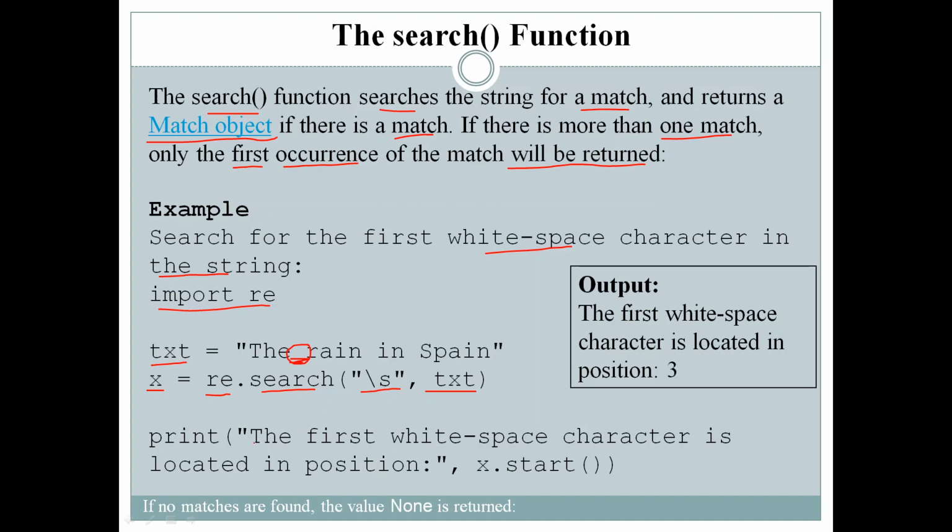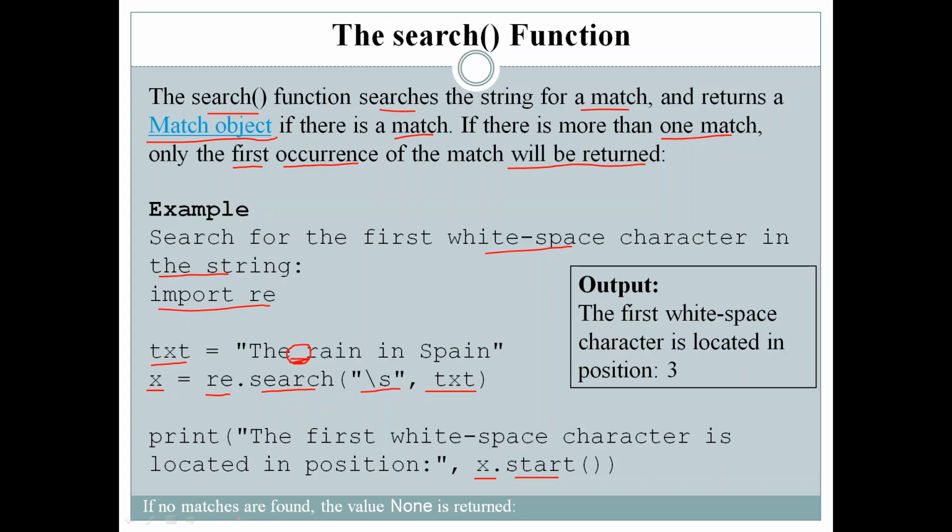After that, we are printing the position of the first white space character in the string by using the match object. The match object is x, and x.start() will simply return the starting position of the match, that is the first match of a white space.